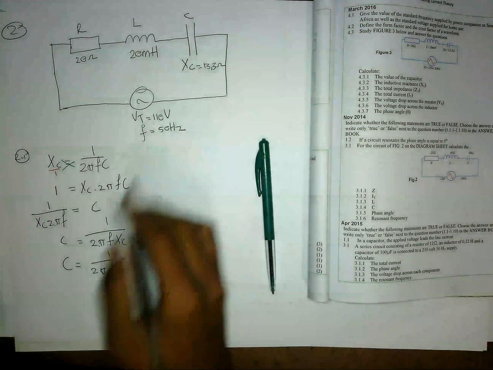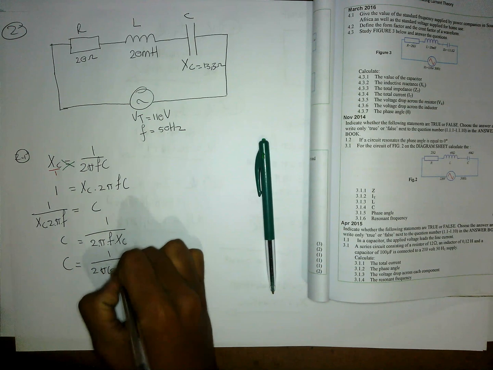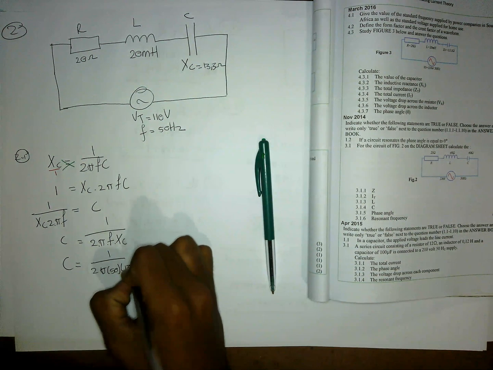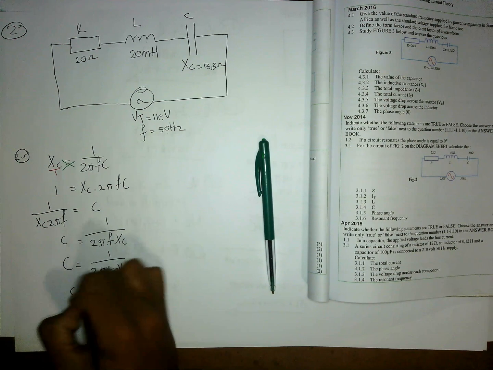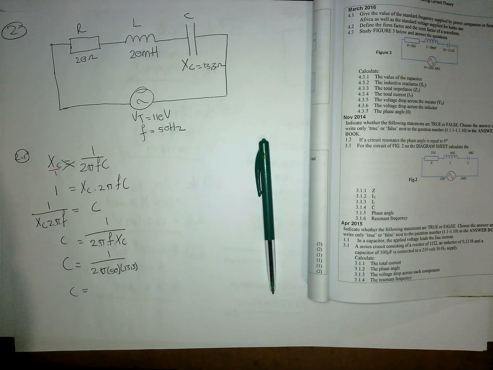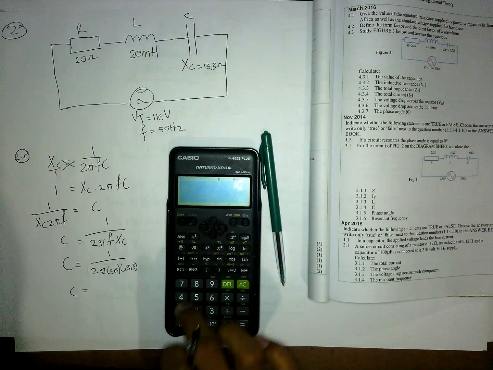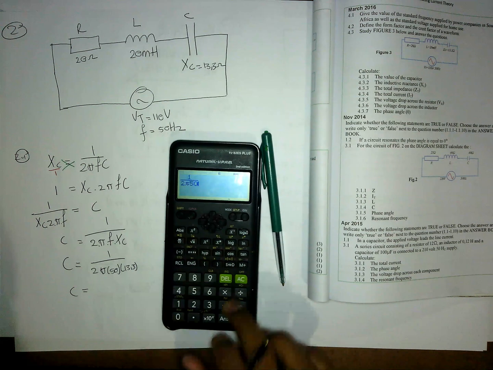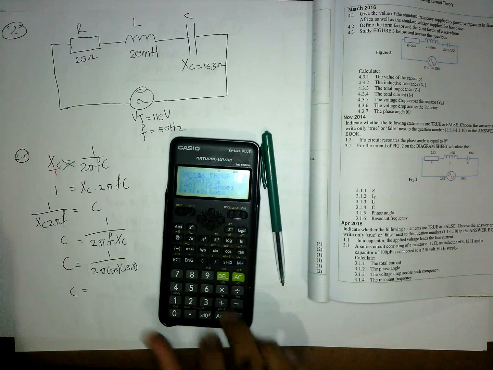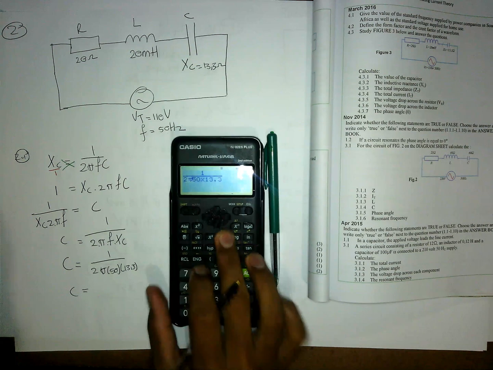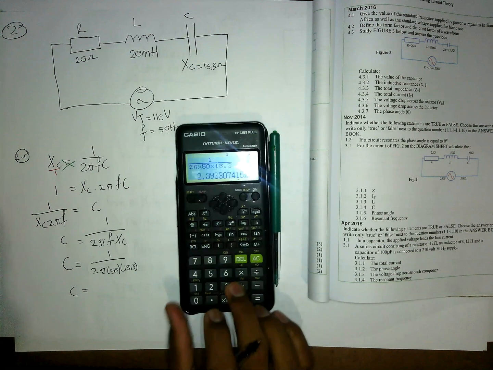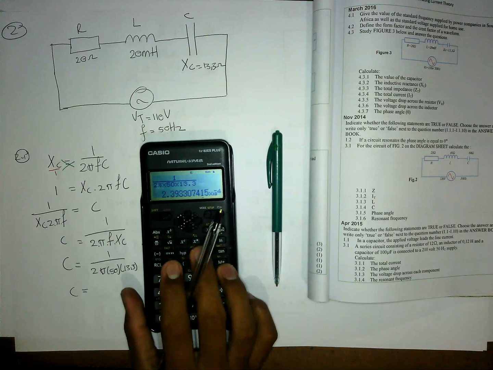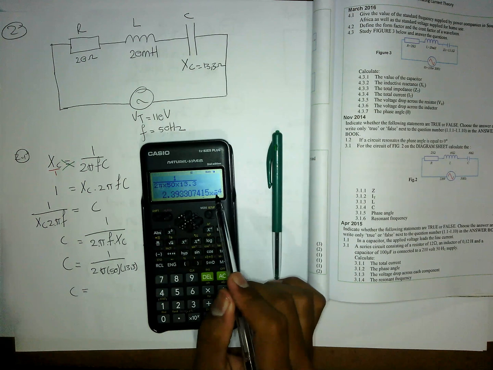Now we substitute 2 pi. The frequency is 50 hertz. Our Xc value, which is given over there, is 13,3. Calculator: 1 over 2 pi times 50 times 13,3. We are given to the power minus 4.